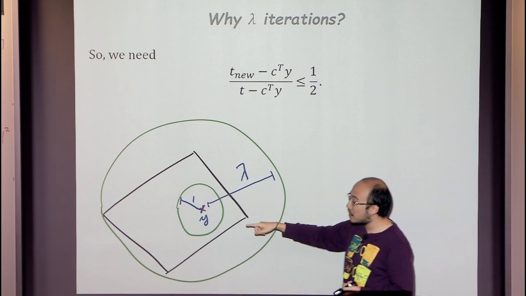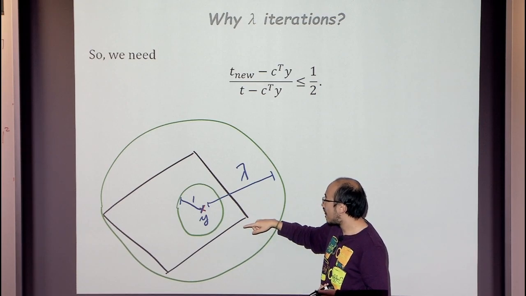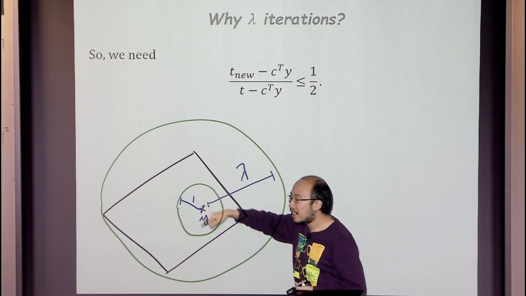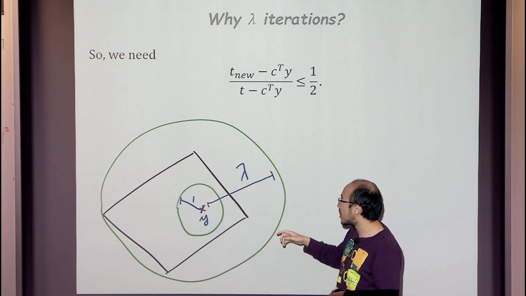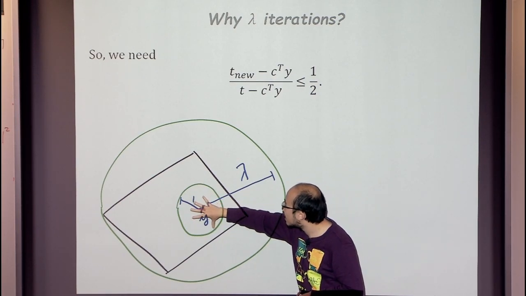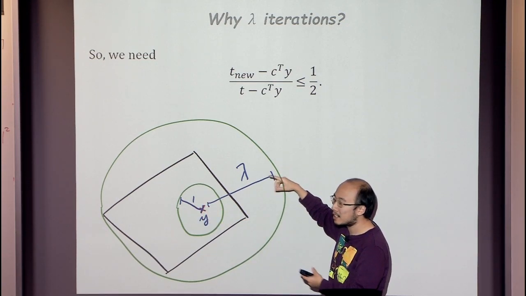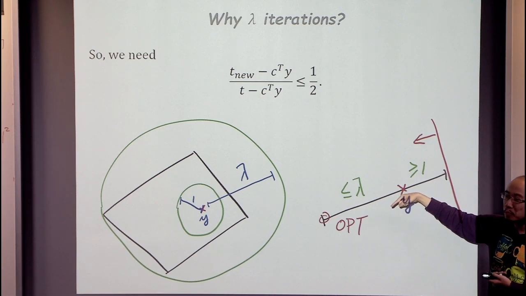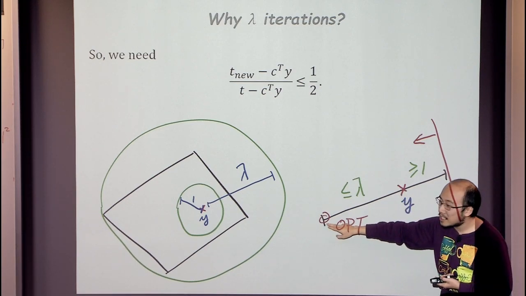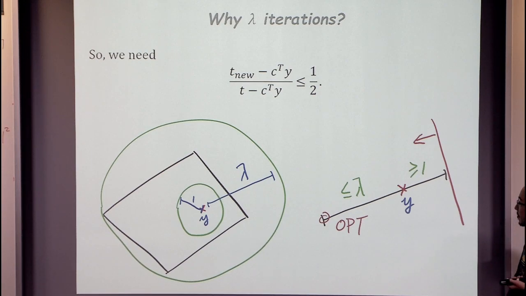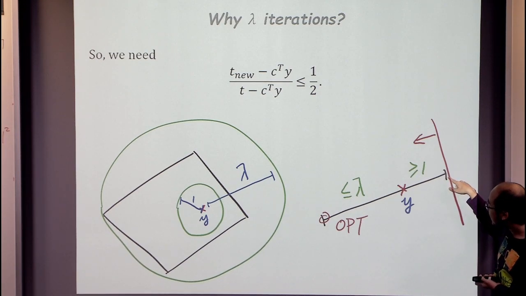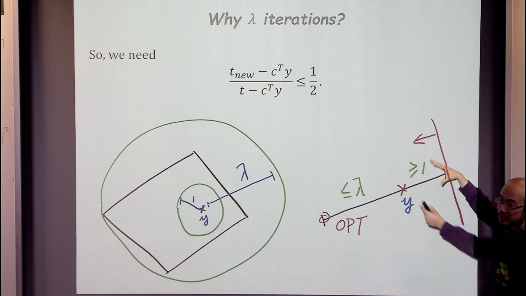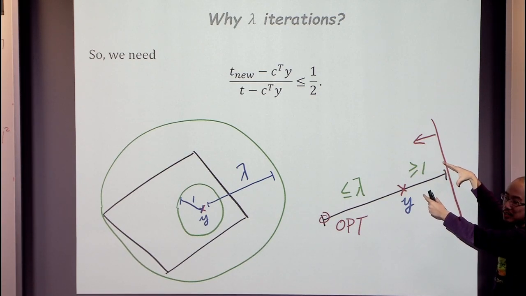Because we know the barrier function gives you a lambda rounding. For example, you have an ellipsoid here, I just call it radius 1. The barrier function gives you a lambda rounding, which means that when you enlarge the ellipsoid by lambda, it covers the whole polytope. So if you want to push in that direction, and say this is the optimal value, then we know the distance to the boundary is at least 1 because there is an ellipsoid of radius 1 inside.